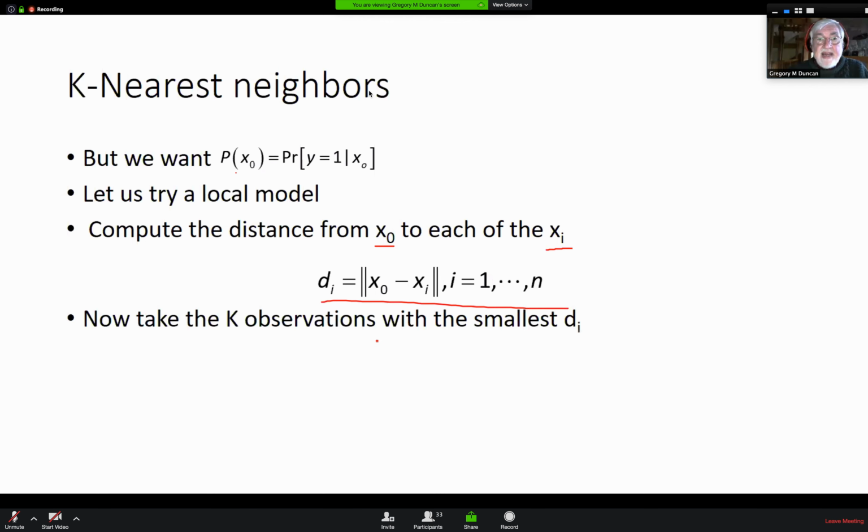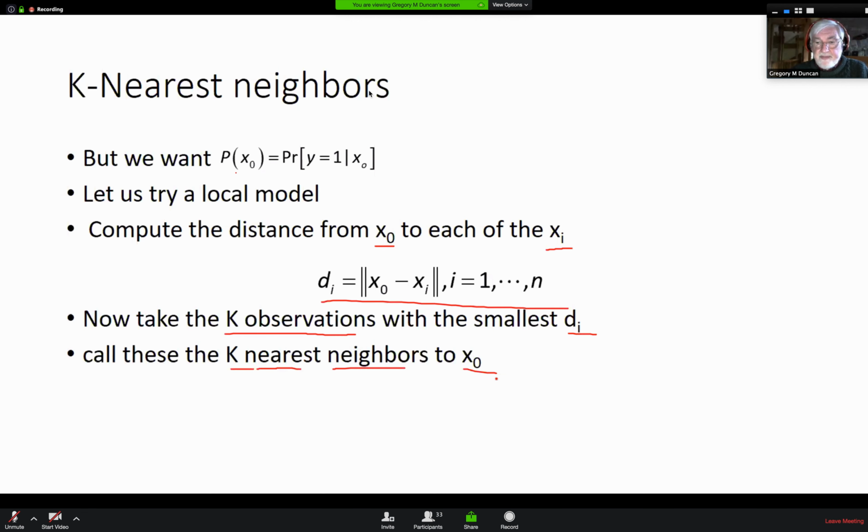Okay. And now what I do is I take the k observations with the smallest distance. That is, these are the k observations that are closest to x0. And I'm going to call those the k nearest neighbors to x0.